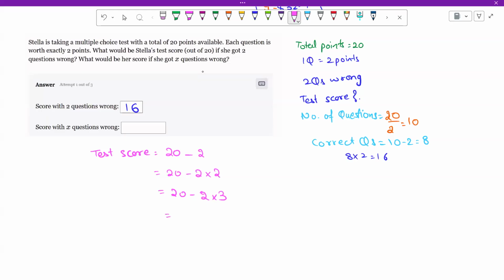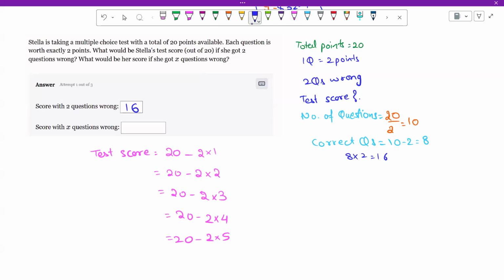Any questions in this? And if her 4 questions are wrong, every question is 2 marks, that means 8 points will be deducted. And if 5 questions are wrong, 10 marks will be deducted.